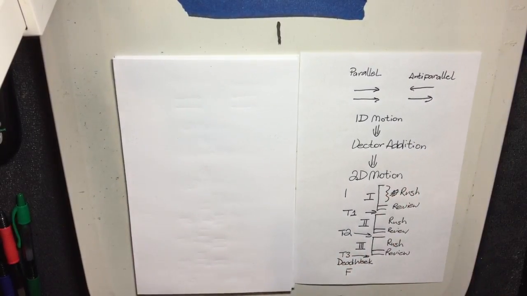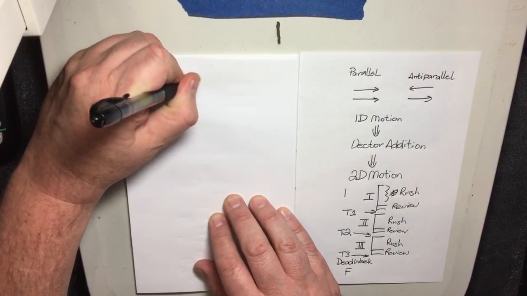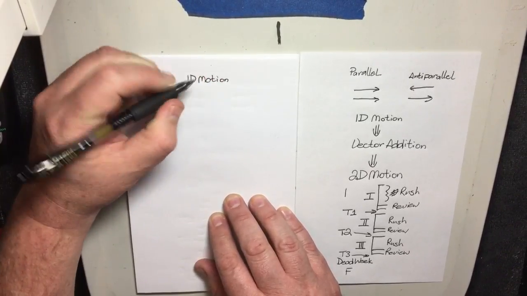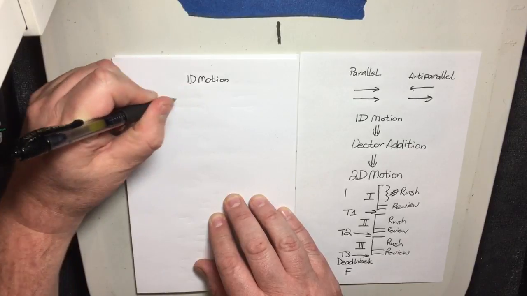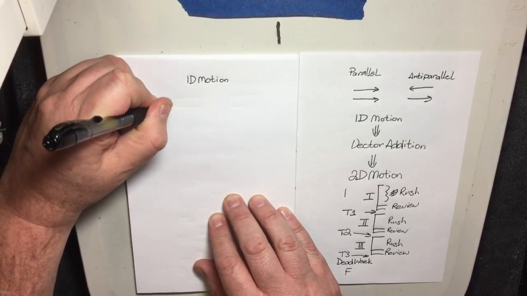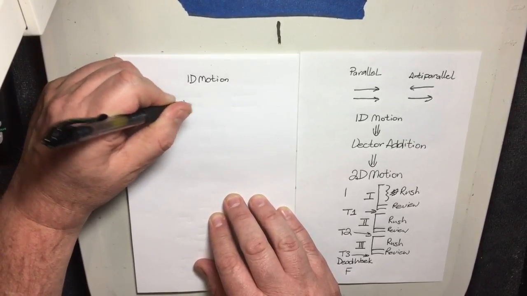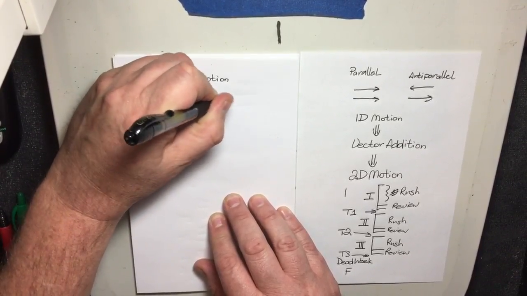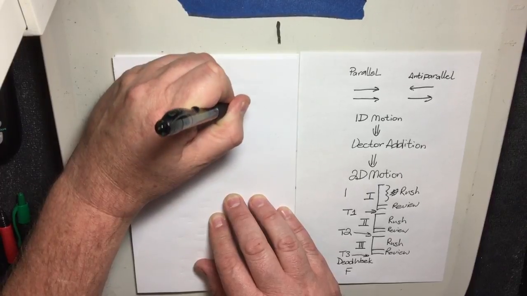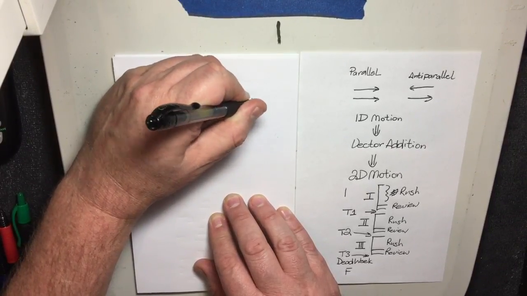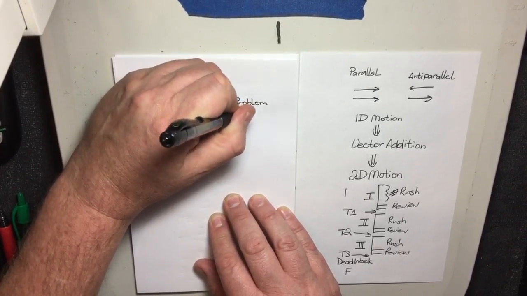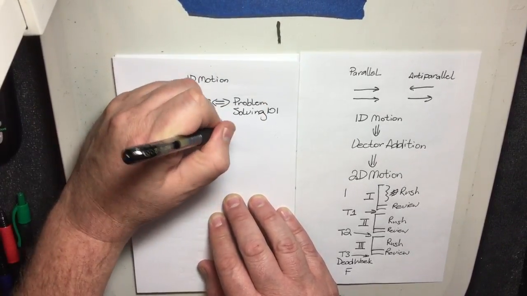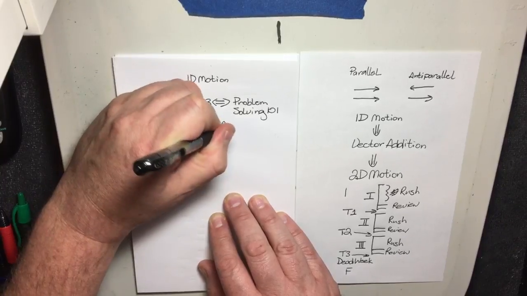When we are working with 1D motion, we are really beginning our idea that how I think of physics 213 is it's the same as problem solving 101. You could call it like applied algebra.